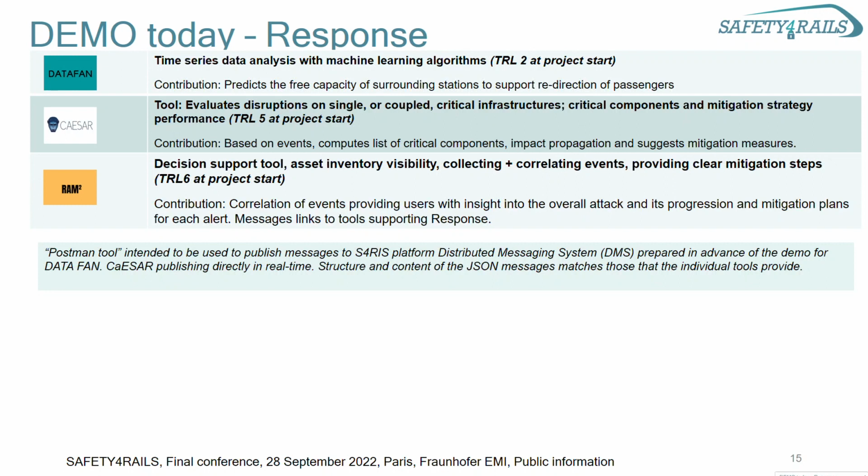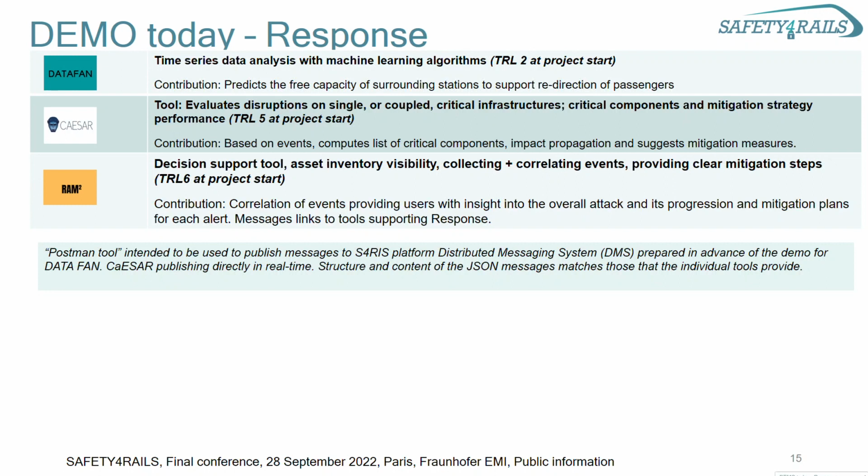The Caesar tool evaluates the disruptions in single or coupled critical infrastructures, and it's using this information to predict the impact, the propagation within the infrastructure, and also to provide proposals or evidence to users to work out which mitigation methods could be most suitable to bring the infrastructure back up to speed.